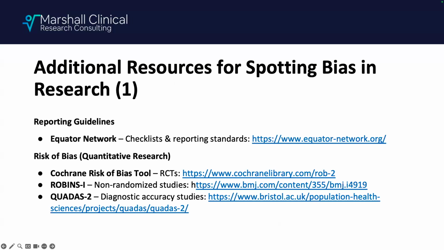So here are some additional resources for spotting bias in research. The Equator Network is a really good resource. If you're doing any clinical research at all, whether it's observational research, qualitative, or clinical trials, you need to know what the Equator Network is.